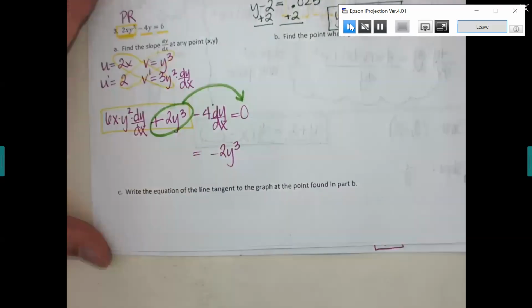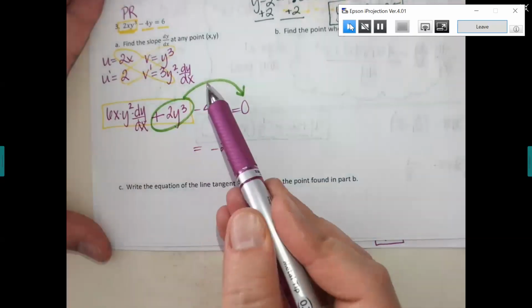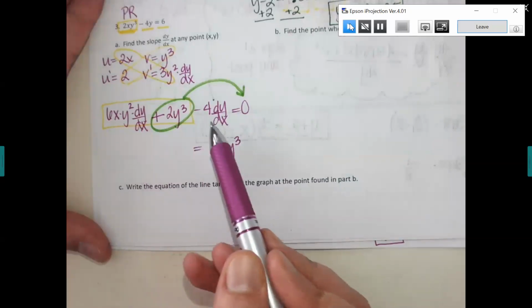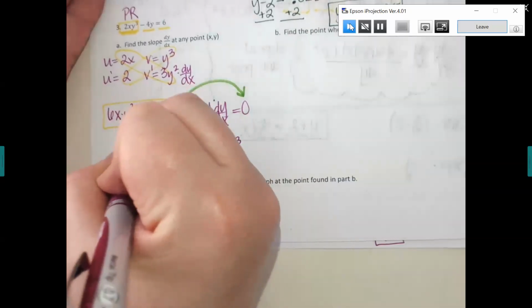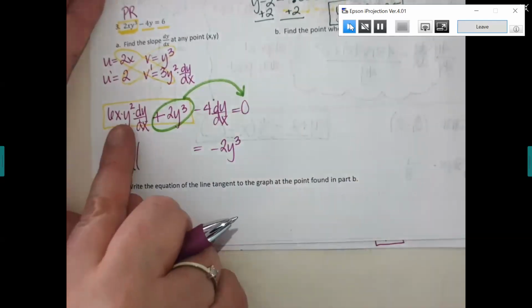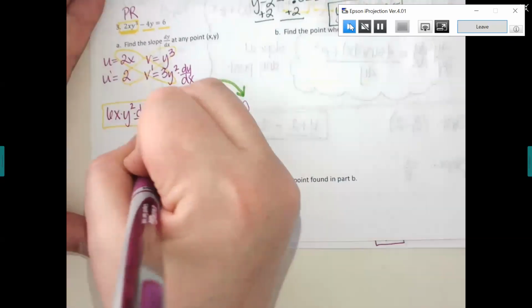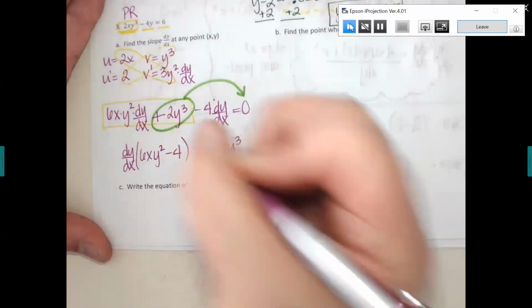Now, one other thing, I want us to try to start doing this step together now. So we pull this across. Now let's go ahead and take the dy dx out in the same step. So dy dx parentheses. And then I'm going to take out the 6xy squared. And then the minus 4.